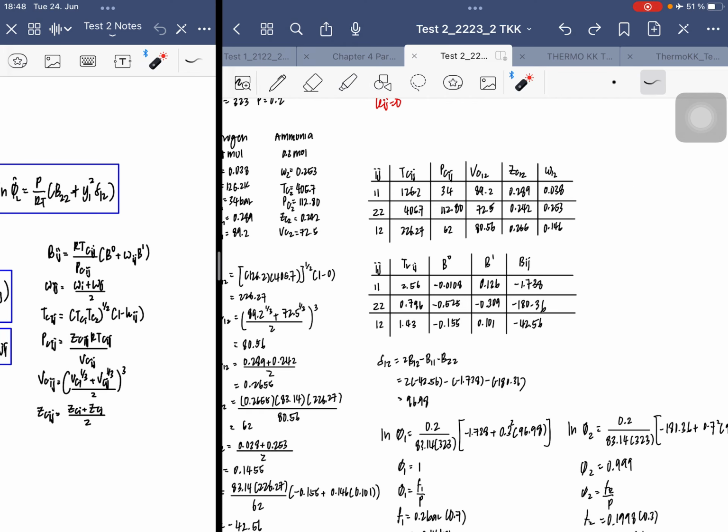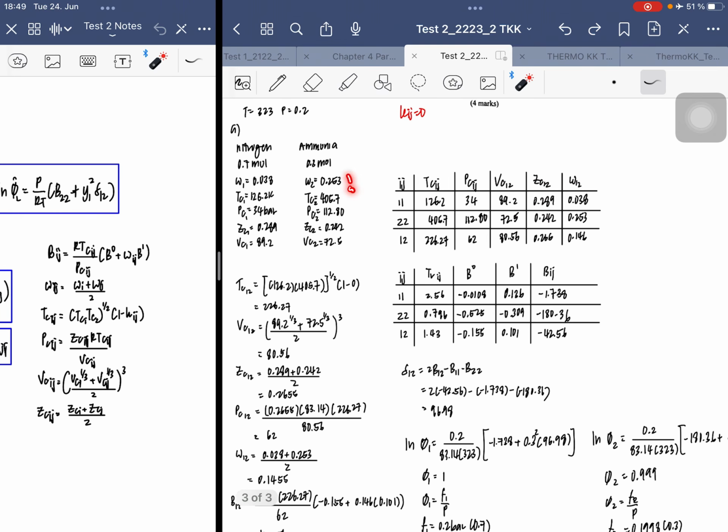So this part of the table, 1 1 and 2 2, you can just paste back from here.